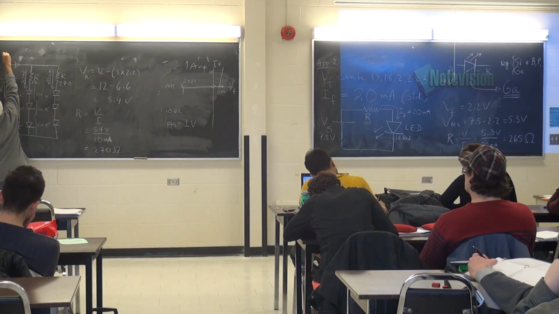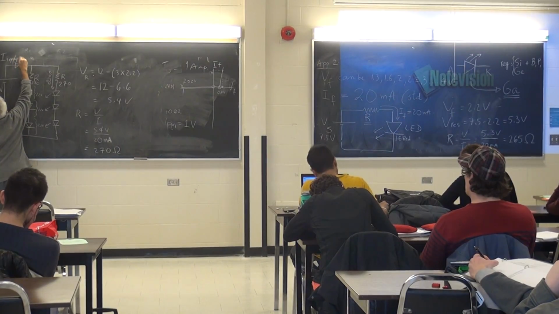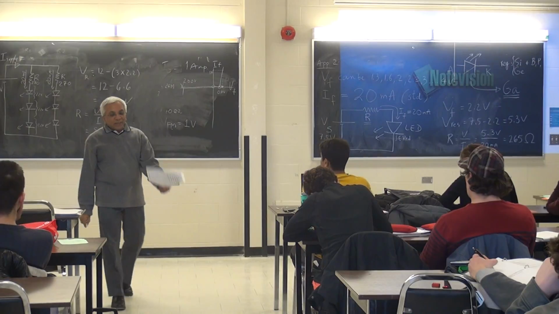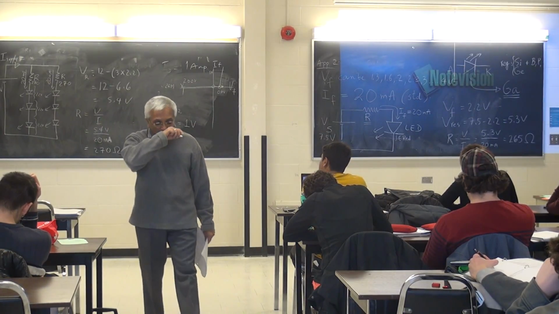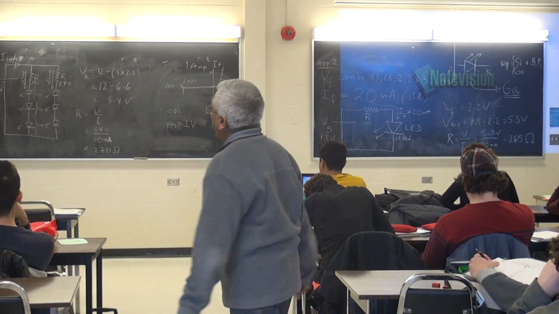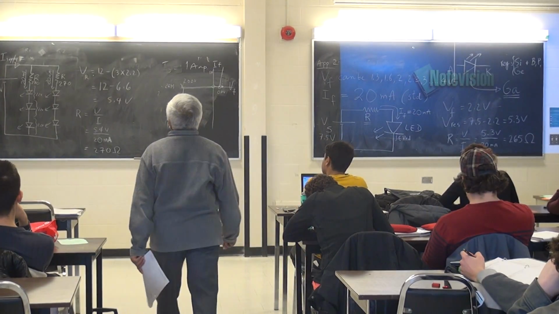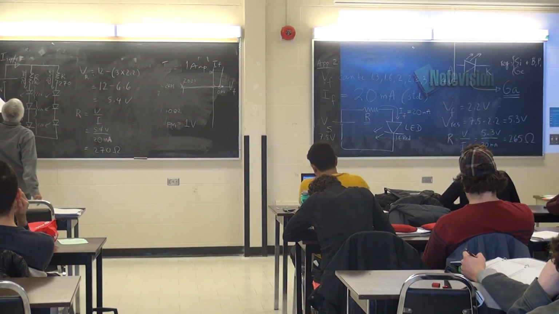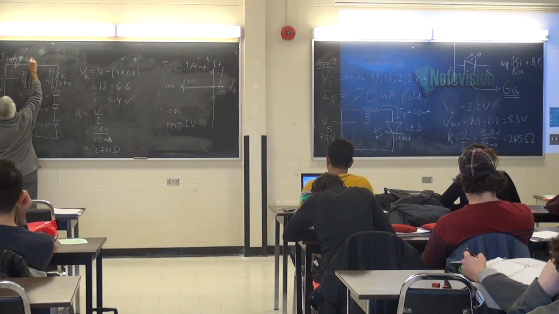This is I supply. How much? What do you think is I supply? Do you see how it's split up into 2 currents? 20 and 20? So what do you think is the current? 20 plus 20, 40 milliamps. So the supply has to provide 40 milliamps of current.